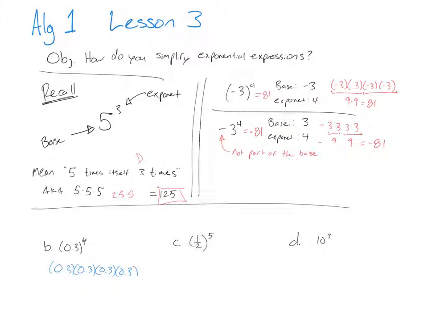You could go through and work that out, and notice you would get 0.0081, because 3 times 3 times 3 times 3 gives you that 81 like we did earlier. There are 1, 2, 3, 4 different decimal places, so it would move over 1, 2, 3, 4.